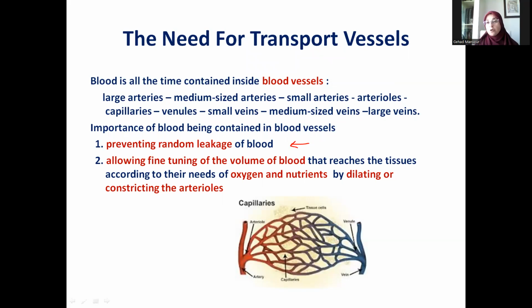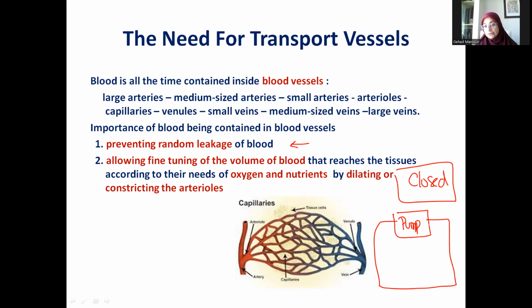What do we mean by a closed circulatory system? This is important to know. We mean by this that the pump that is the heart will pump the blood in blood vessels, and blood will always be contained within the pump and the blood vessel. So the cellular components of blood, like the red blood cells, the white blood cells, the platelets, under normal conditions, will never leak outside the cardiovascular system.